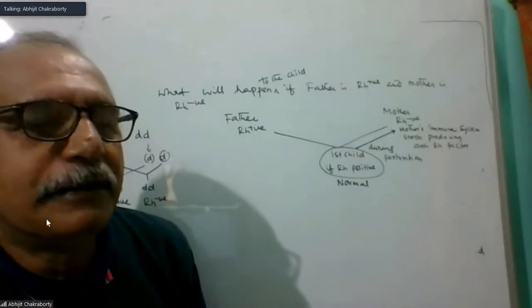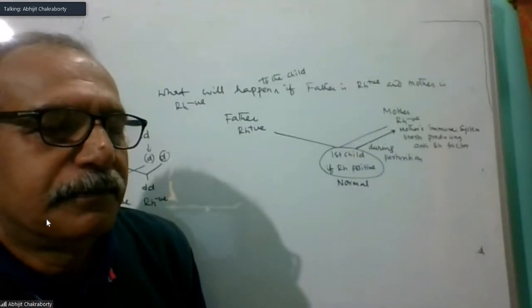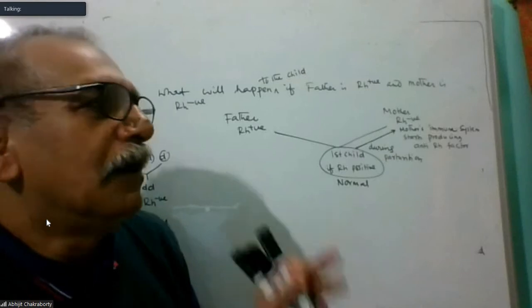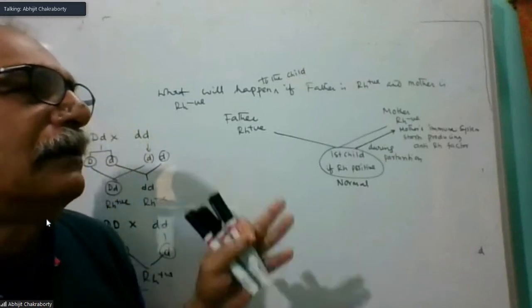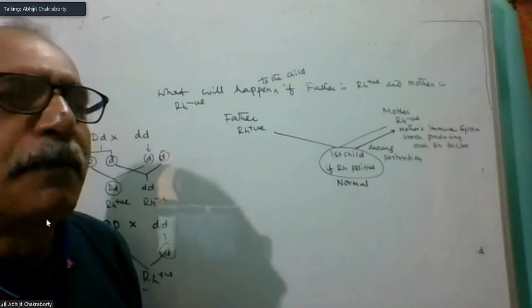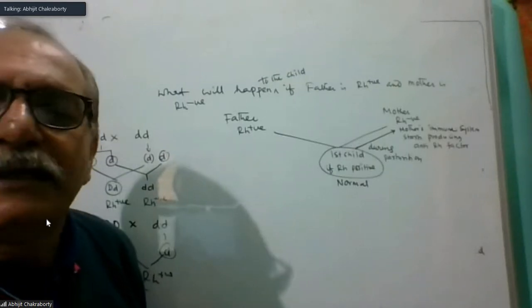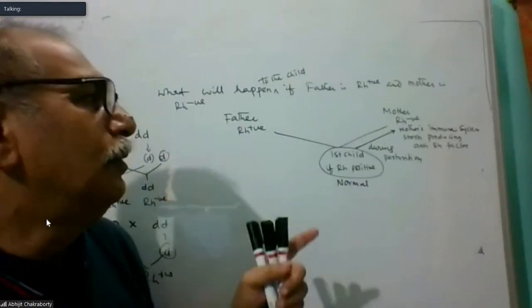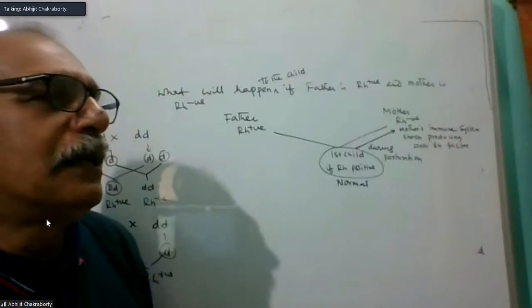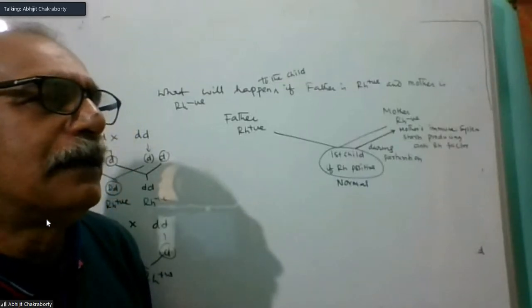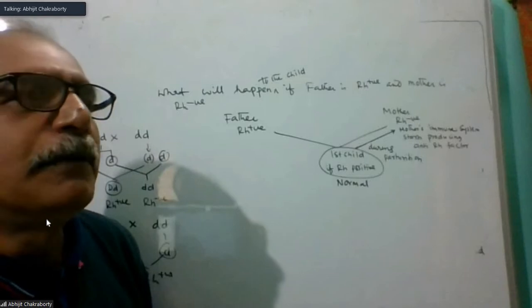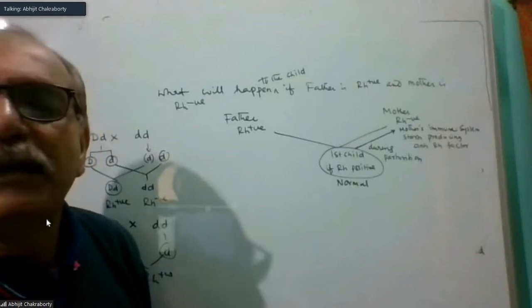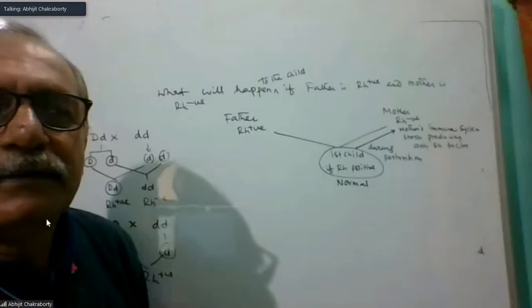So the mother's immune system then starts producing NTRH factor, but in the meantime, the process of parturition is completed, right?